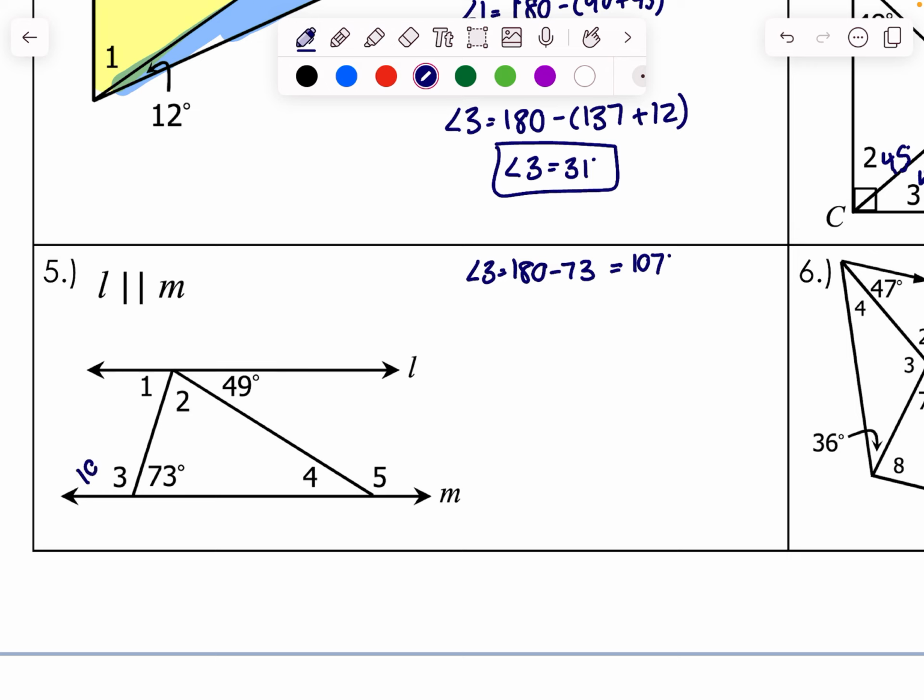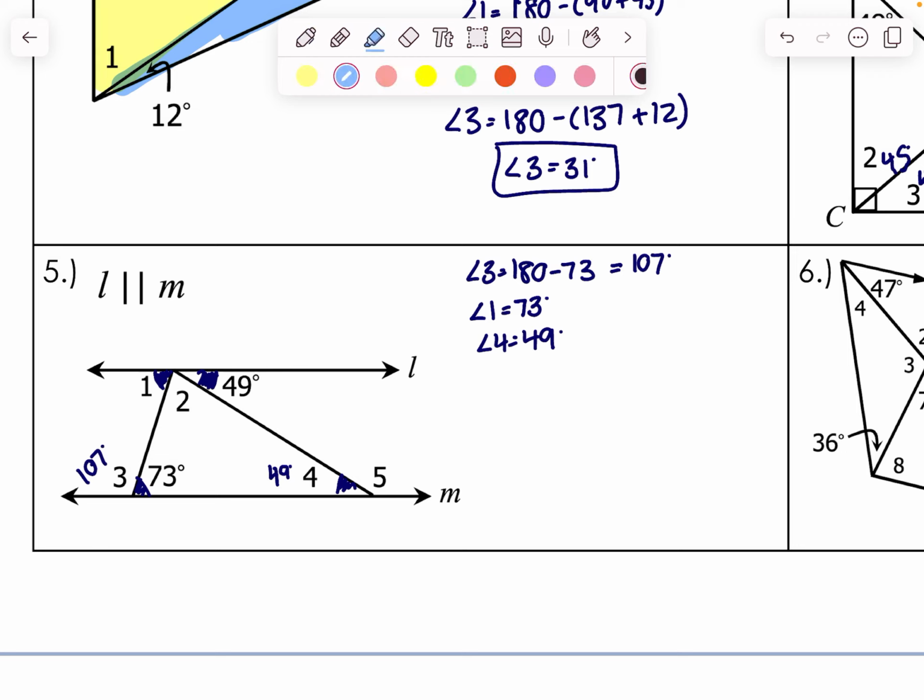So that's angle 3. Then if I look at angle 1 and 73, those are alternate interior angles, which means that they are congruent. So angle 1 is going to be 73. Same thing with angle 4 and 49. Those are also alternate interior angles.